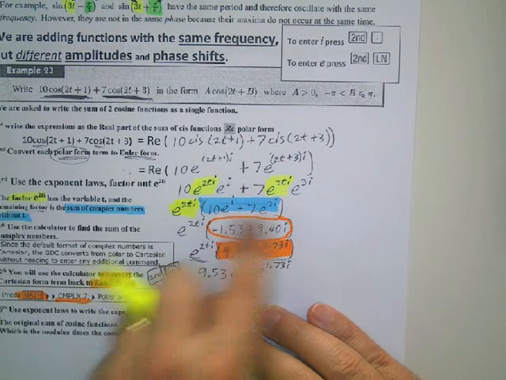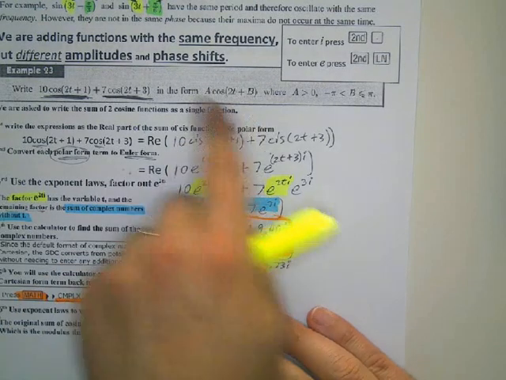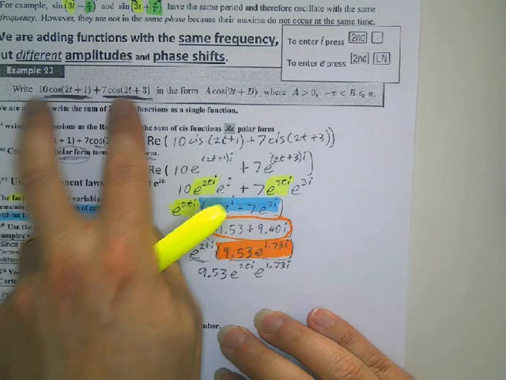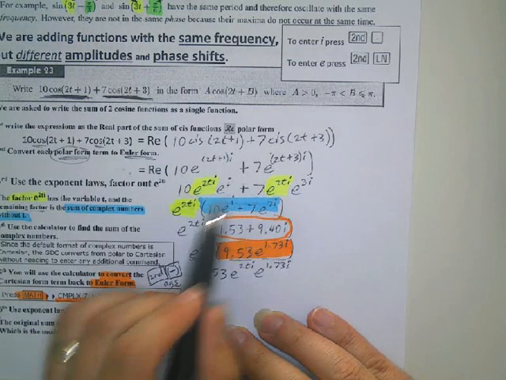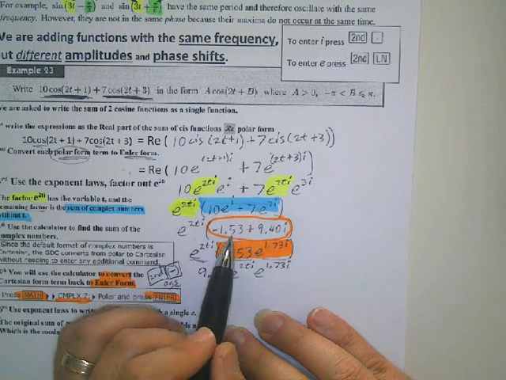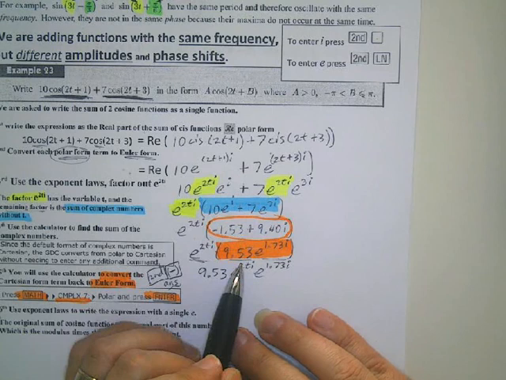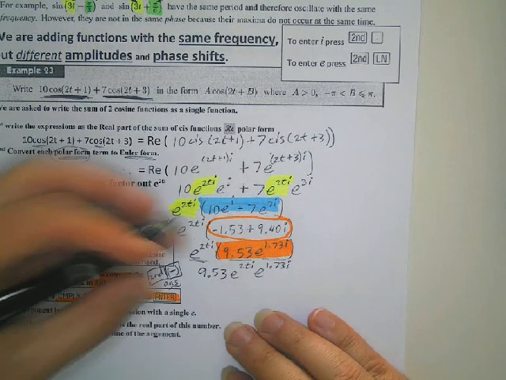This is what we have to do in order to write this as a single trigonometric function, not writing cosine twice. Okay, so we combine these two by using the calculator to add the imaginary terms, and then we converted it to Euler form.